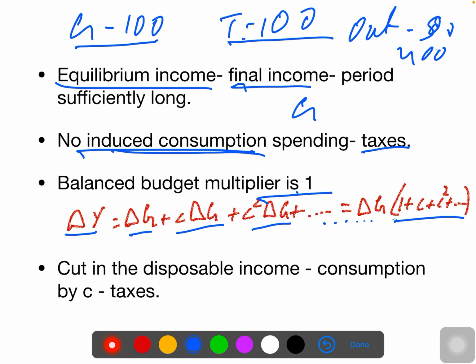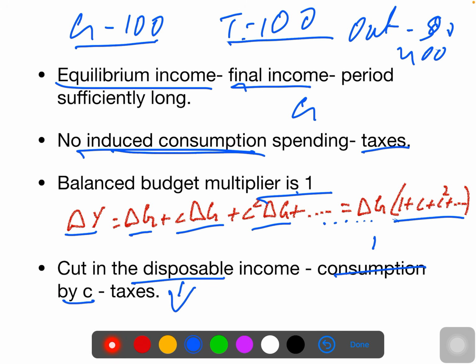But the tax increase only enters the multiplier process through the cut in disposable income. When you cut the disposable income, that reduces consumption by c, the smaller c, times the reduction in taxes.